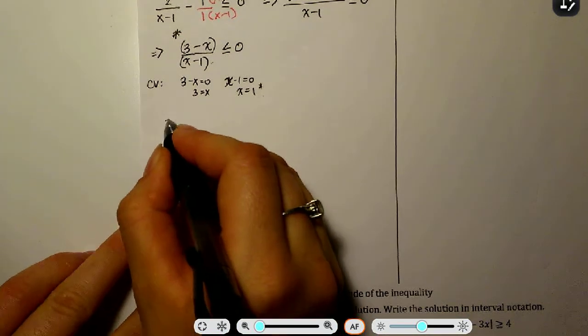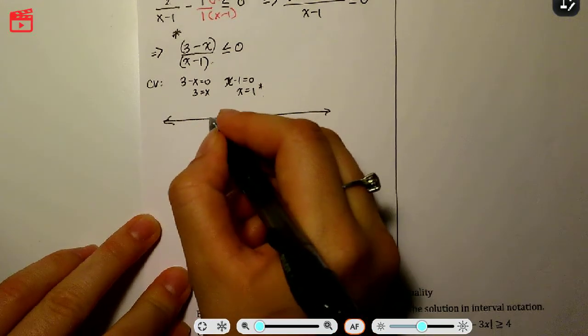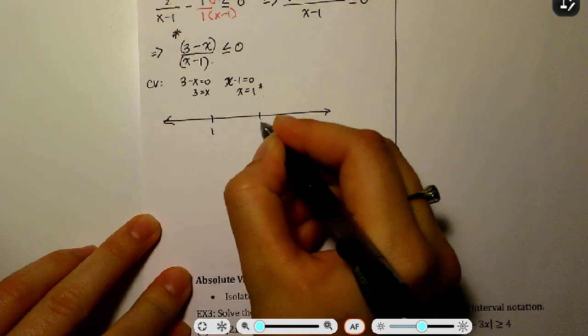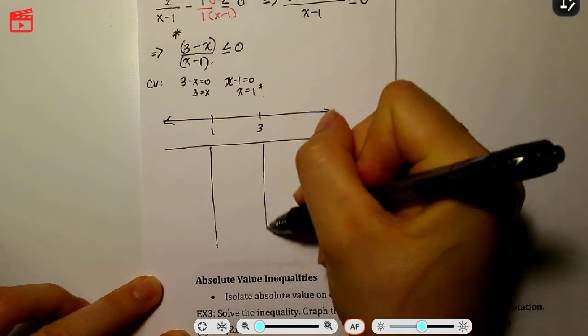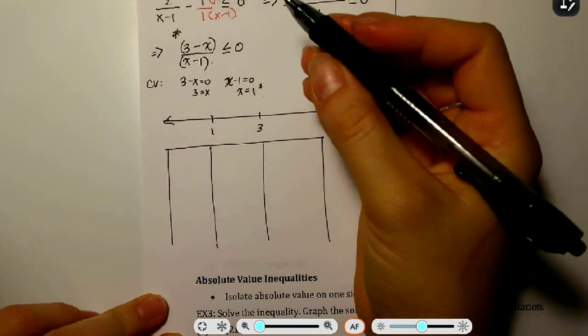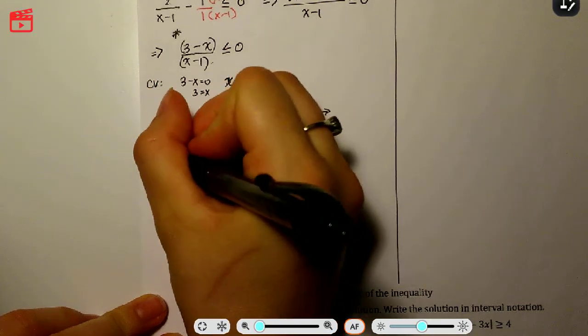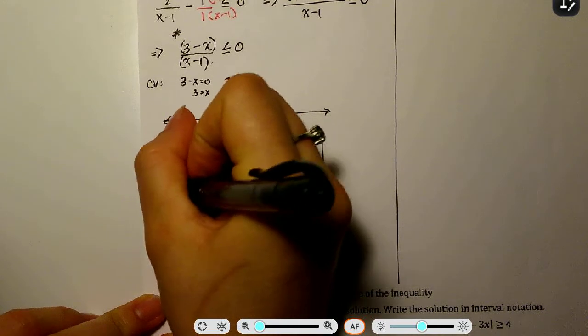Okay, but same thing. Let's go ahead and set up our chart. We have two critical values, 1 and 3. So it's just splitting our box into 3 columns. The factors I have are 3 minus x and x minus 1.